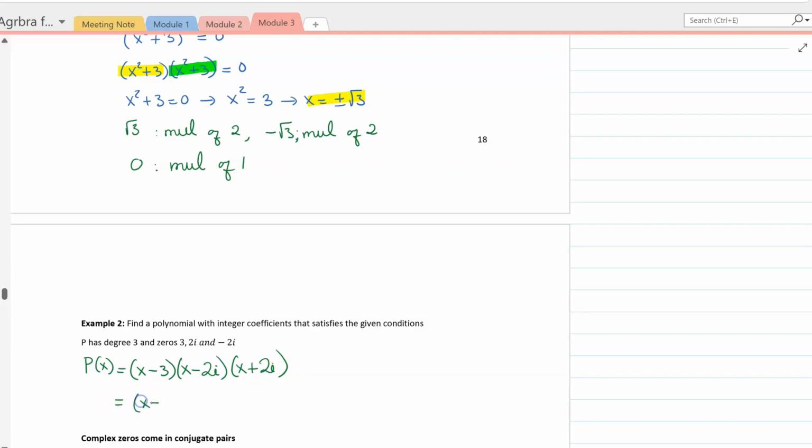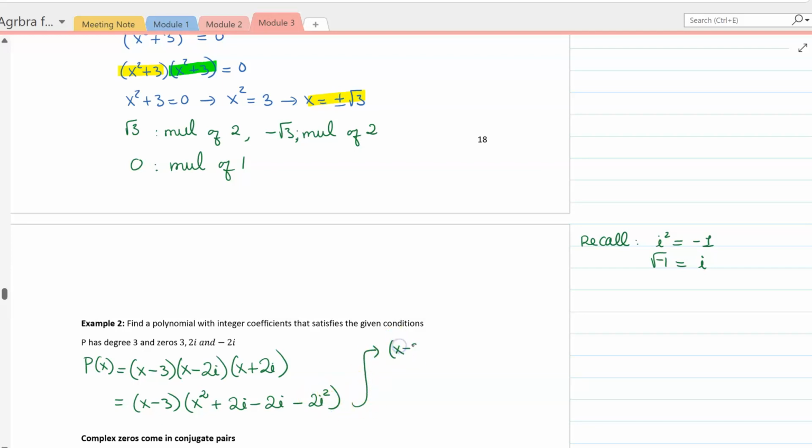We get x minus 3. So recall i squared is equal to negative 1, and the square root of negative 1 is equal to i. We FOIL this. So we get x squared plus 2i minus 2i minus 2i squared.